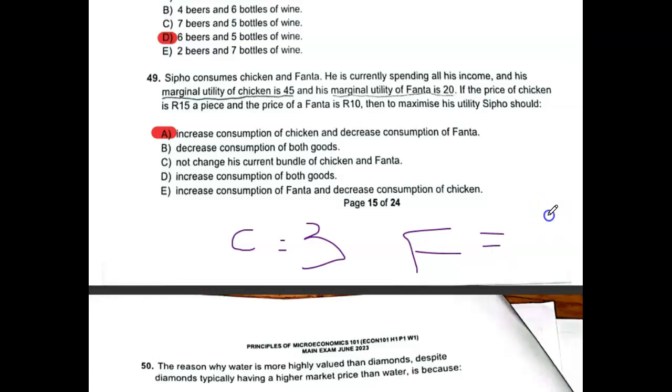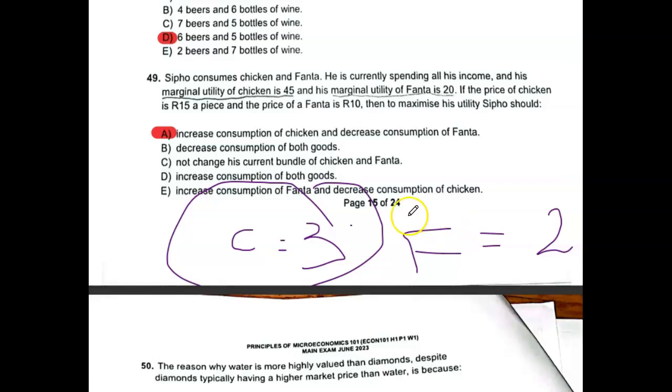Now, if they are equal, she should remain at that consumption, she's maximizing her utility. But when one is more than the other, she's not maximizing utility, and she has to buy more of the one with the higher value and less of the other.